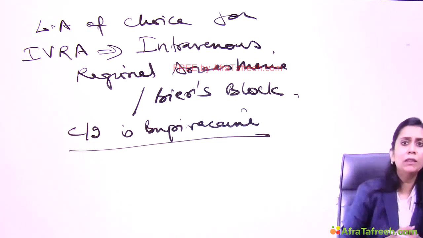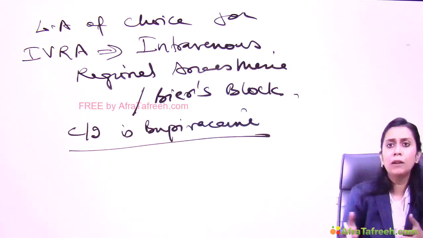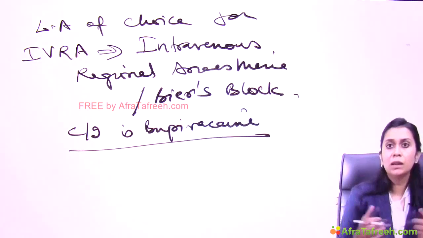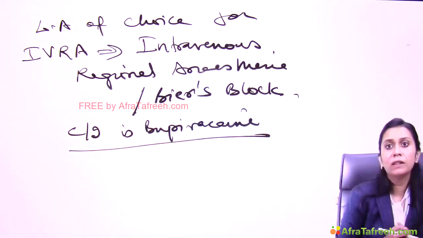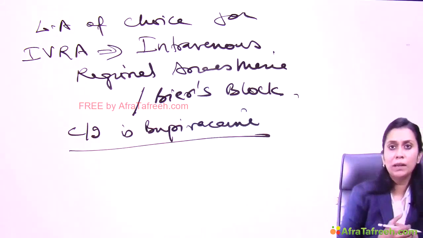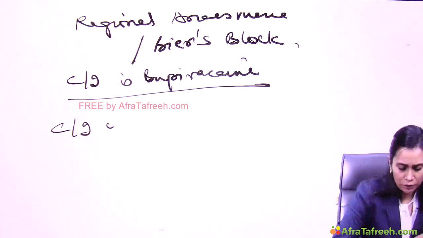Guys, we tie tourniquets in normal people. If we tie a tourniquet for the upper limb for 1.5 to 2 hours and the lower limb 2.5 to 3 hours, there won't be any ischemia, etc. But in some patients with diseases like peripheral vascular disease, sickle cell anemia, the tourniquet cannot be tied for that long. So there are a few contraindications of IVRA which we have to know. Contraindications of IVRA.